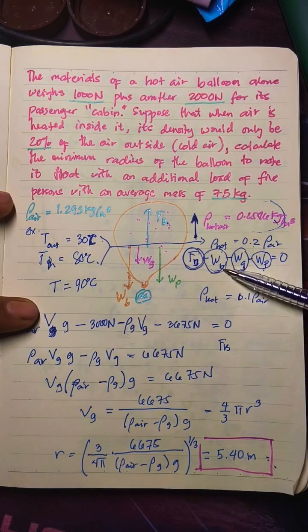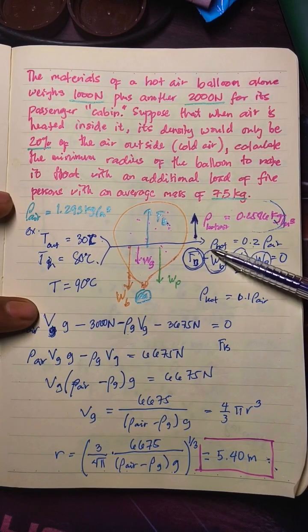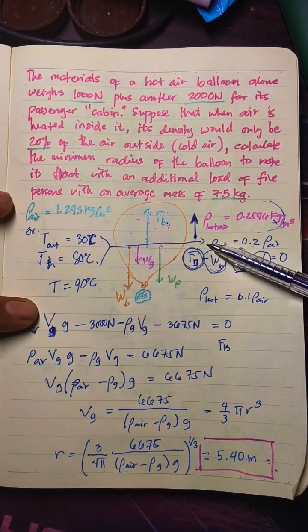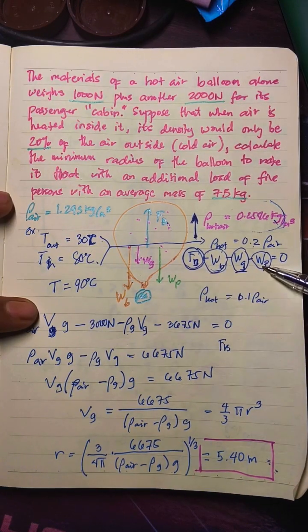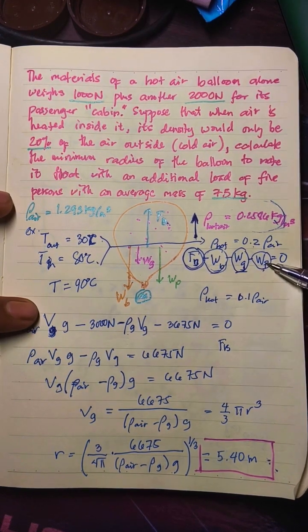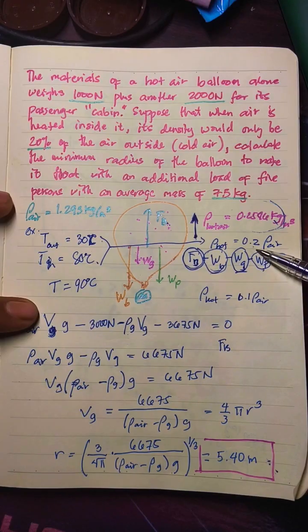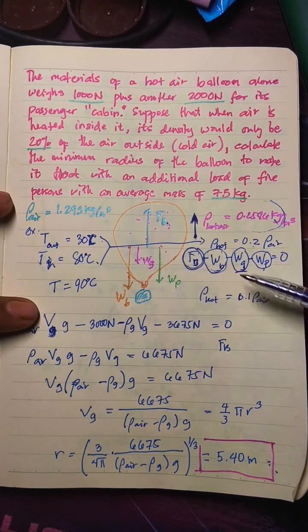And of course, assuming that we will not change the number of passengers and this weight here, meaning all these three, FB, WB, the weight of the balloon plus the cabin, and the weight of the persons, the passengers, we could no longer increase or decrease them. But what we can do is change the weight of the gas, or the hot air. Why?